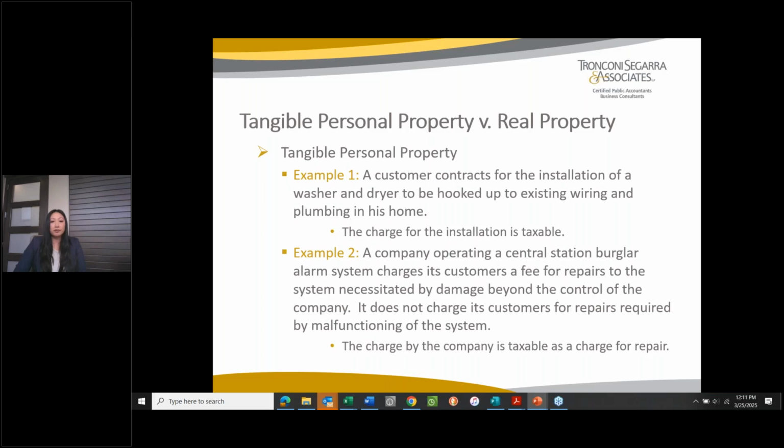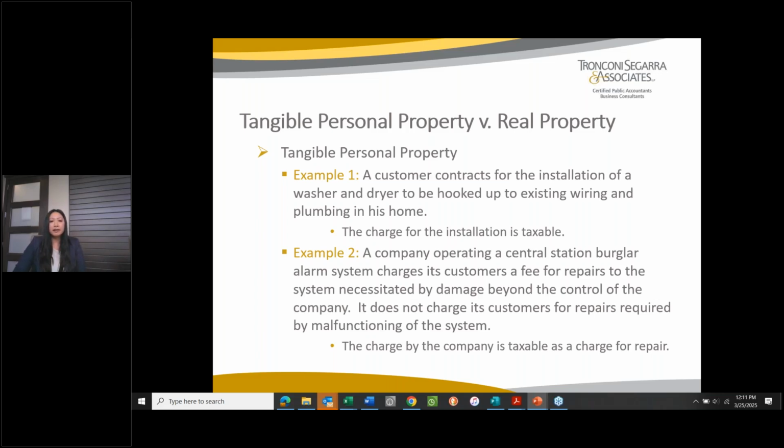Here's some examples of situations where the item is tangible personal property and the service being performed to it is taxable. So in the first one, the customer is having a washer and dryer installed in their home. This installation would be taxable.